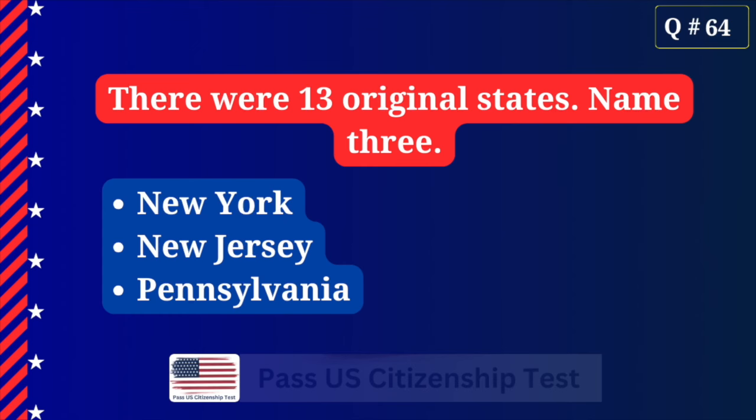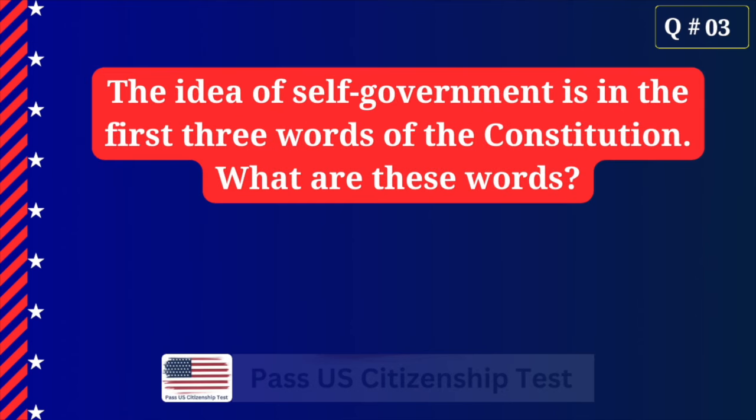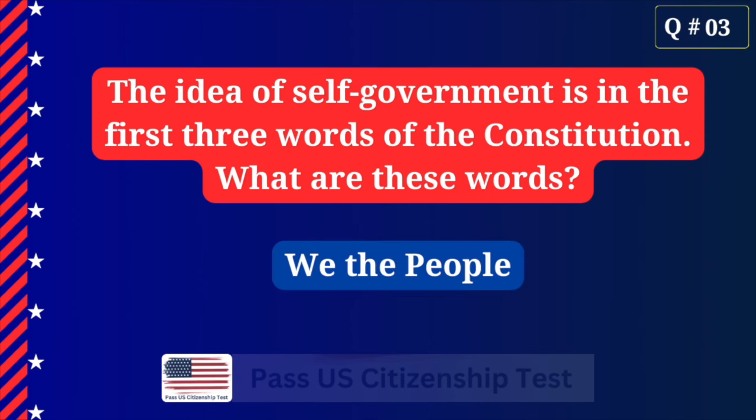New York, New Jersey, and Pennsylvania. The idea of self-government is in the first 3 words of the Constitution. What are these words? We the people.